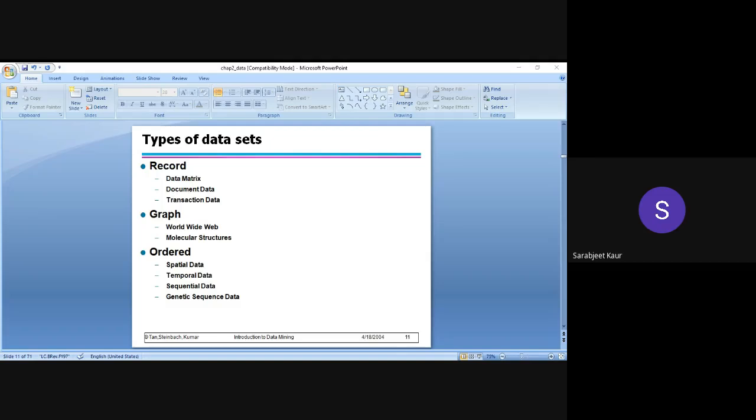Now let me take this example with you again. For example, if we look at this document term matrix, the documents where these words are not present are not that important possibly for any mining operation. Only the documents which contain these particular terms are important for us.